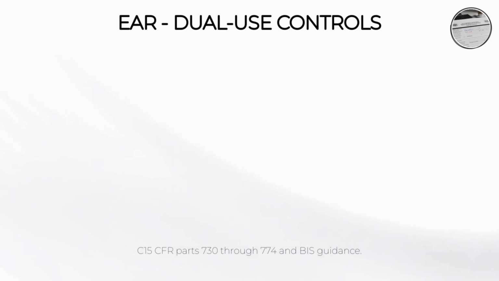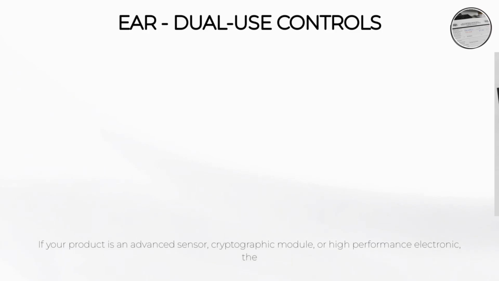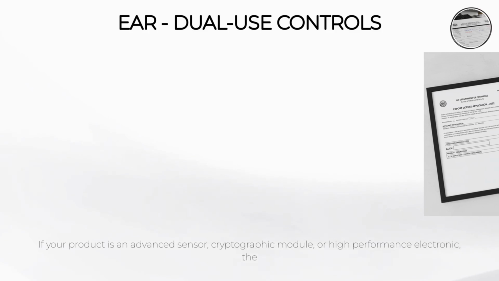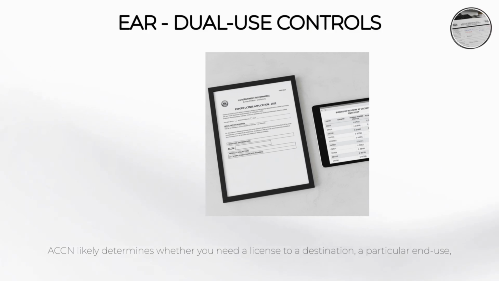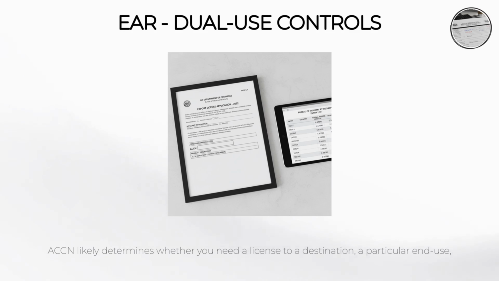See 15 CFR Parts 730 through 774 and BIS guidance. If your product is an advanced sensor, cryptographic module, or high-performance electronic, the ECCN likely determines whether you need a license to a destination, a particular end use, or an end user.